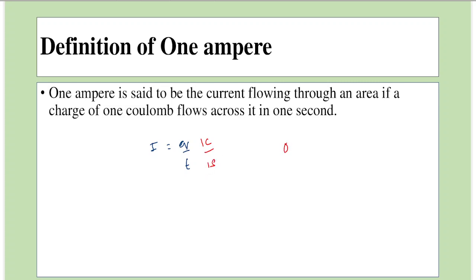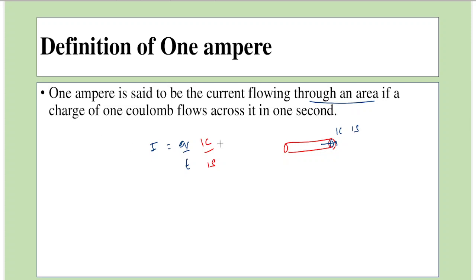So if you have a conductor, and in the conductor, a charge of 1 coulomb leaves in 1 second, then that current is called as 1 ampere. So you can say that 1 ampere is said to be the current flowing through an area, because current will cross a given cross section.